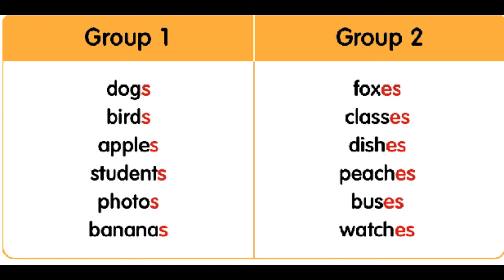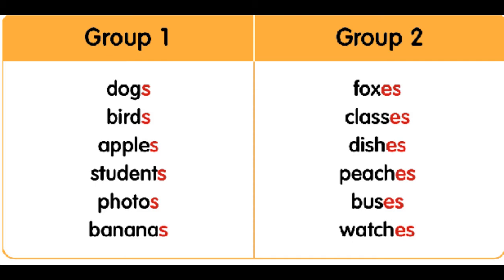So see these two groups. Group 1: days, birds, apples, students, photos, bananas. Here only one s is added. Only s is added. You can see that s in red color.